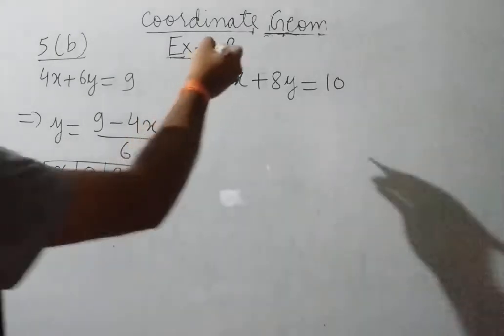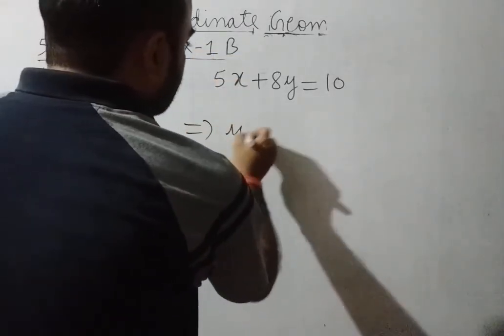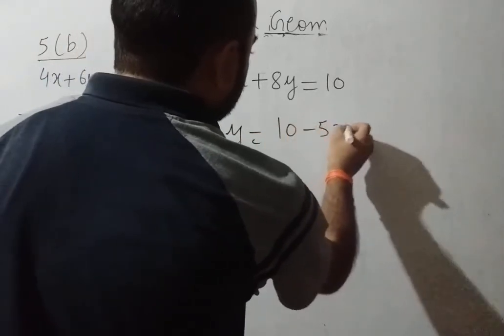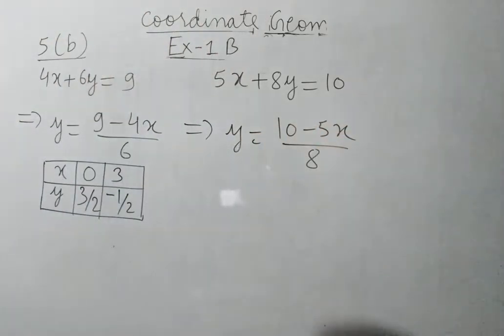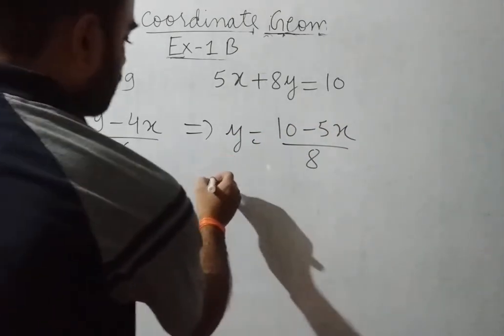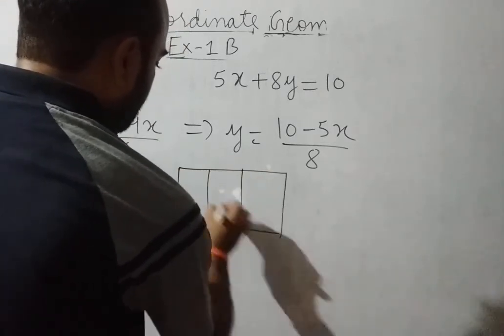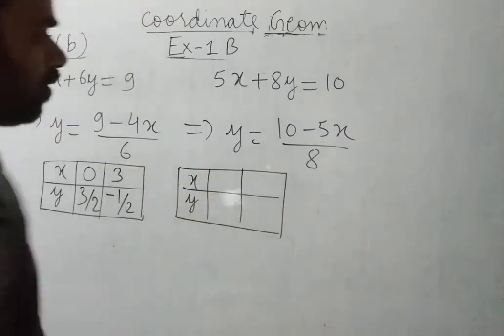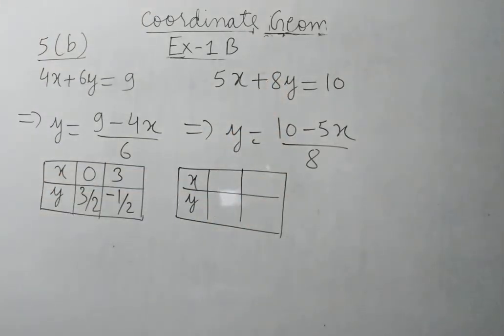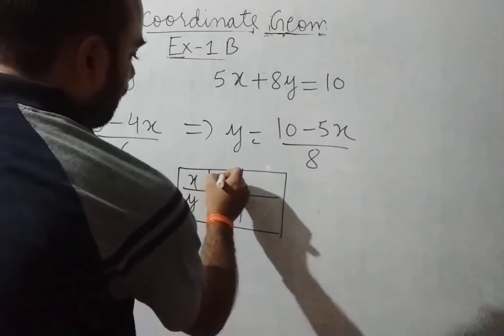Similarly, for this also, what is y? y is (10 minus 5x) upon 8. Clear? (10 minus 5x) upon 8. So again this table. Okay, if x is 0, can we find the value? No. If x is 1, can we find the value? No. If x is 2, yes, if x is 2, y will be 0.